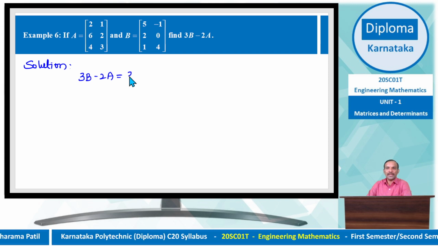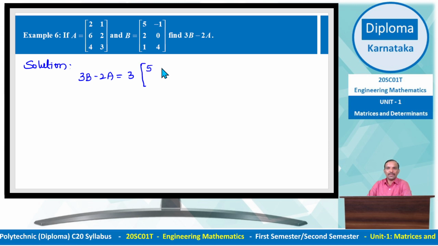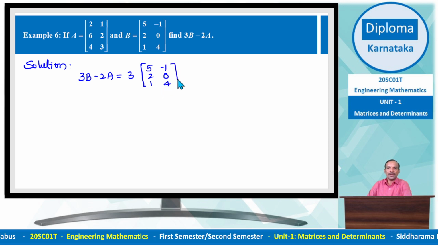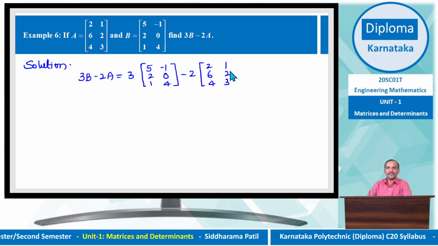First you have to write 3 as it is, then write matrix B. Be careful in copying the question. 5, minus 1, 2, 0, 1, 4 minus 2a. What is a? A is 2, 1, 6, 2, 4, 3.